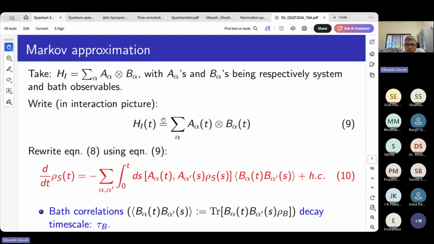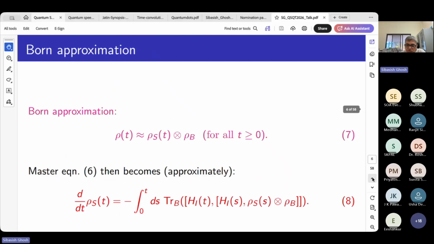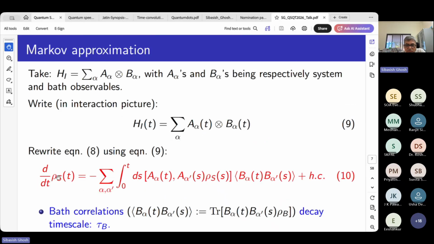Using this, I can rewrite the master equation, equation 8, after the Born approximation, in this form. The time derivative of the system density matrix is approximately equal to, based upon approximations like the Born approximation, this expression with its Hermitian conjugate.